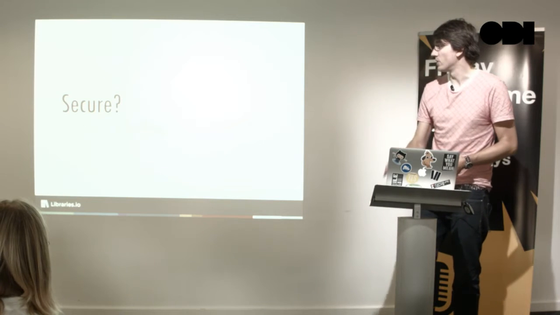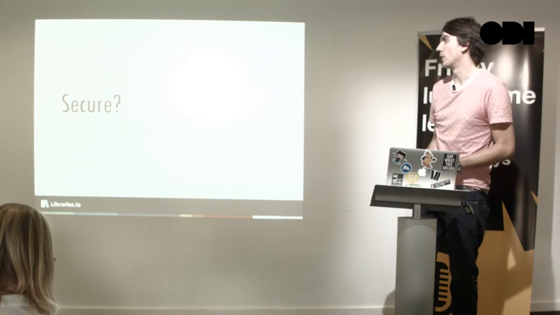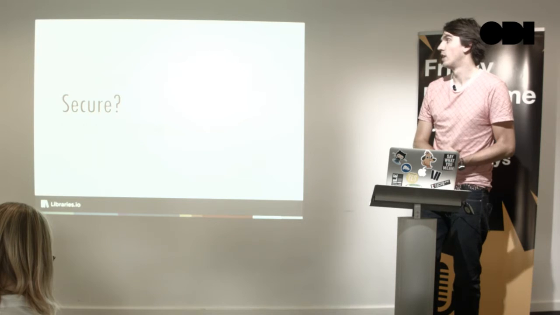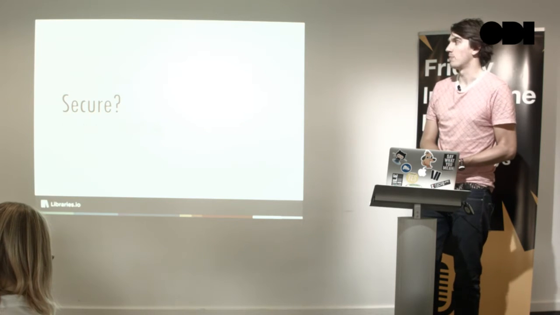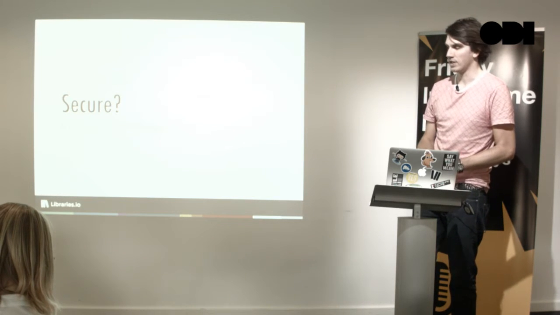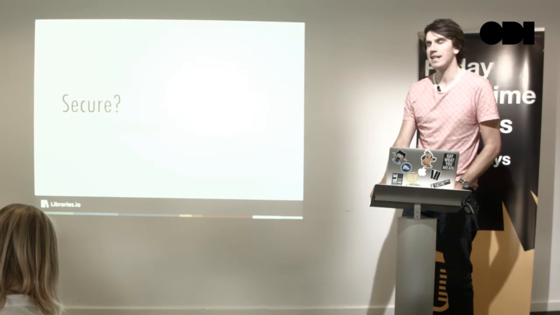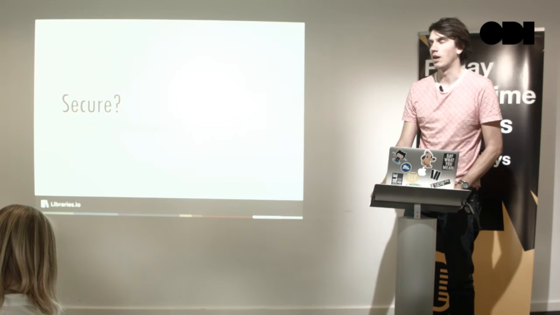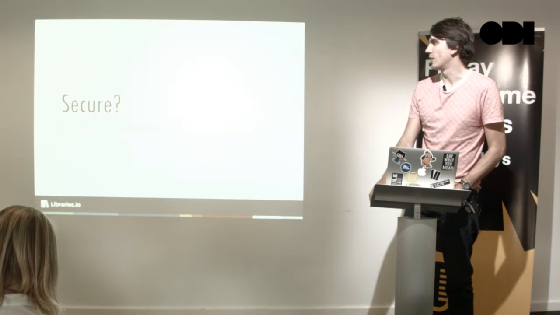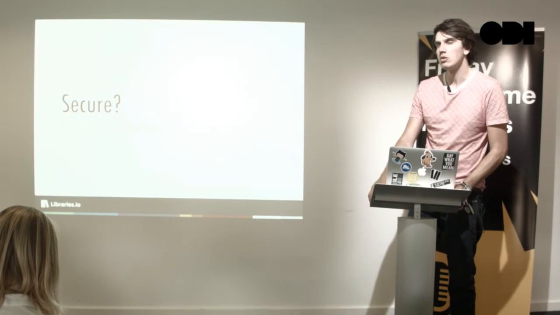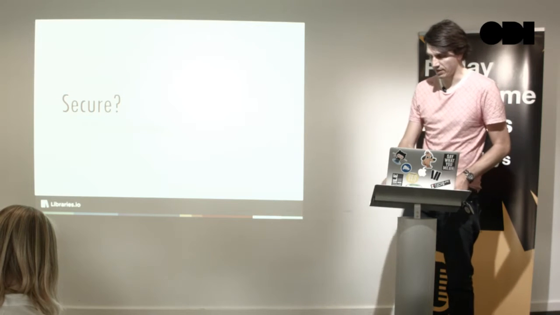And then finally, you might want to do something about security. So is the project secure? I'm not going to go into that one because that's kind of my academic interest and it's a bit of a bigger question. But there is an argument to suggest that usage is actually an indicator that a project may be more secure, but certainly a lot of these factors kind of affect security.